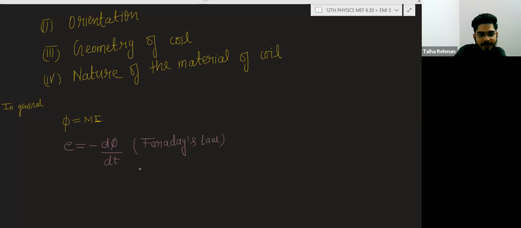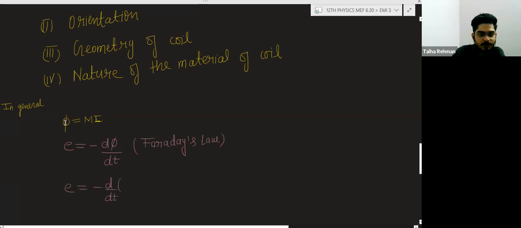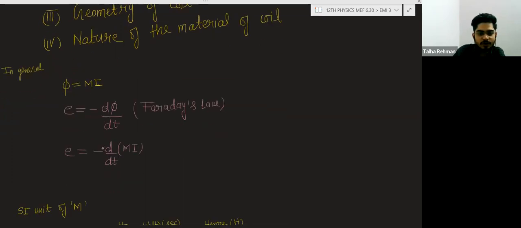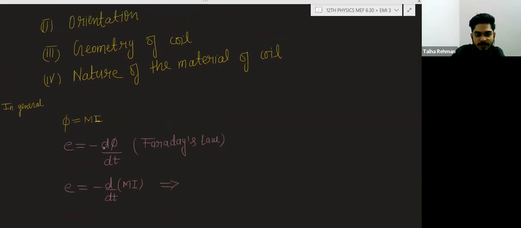So you will put phi here. This is d phi by dt, and you can put the value of phi here. So you will get MI. M will be out of the differentiation. Then your EMF induced in the coil will be minus M dI by dt.